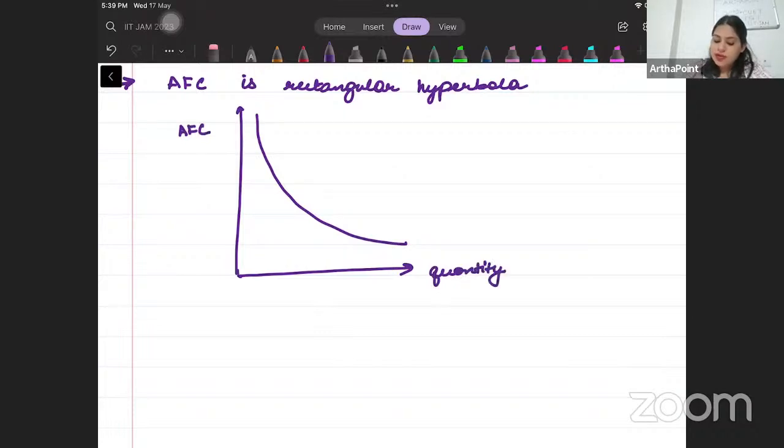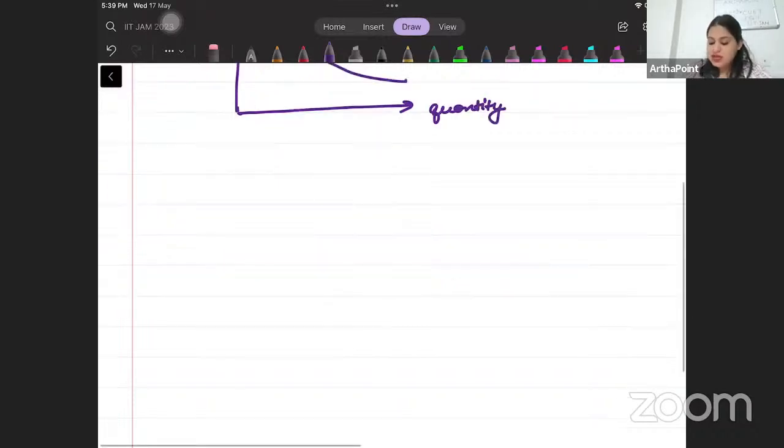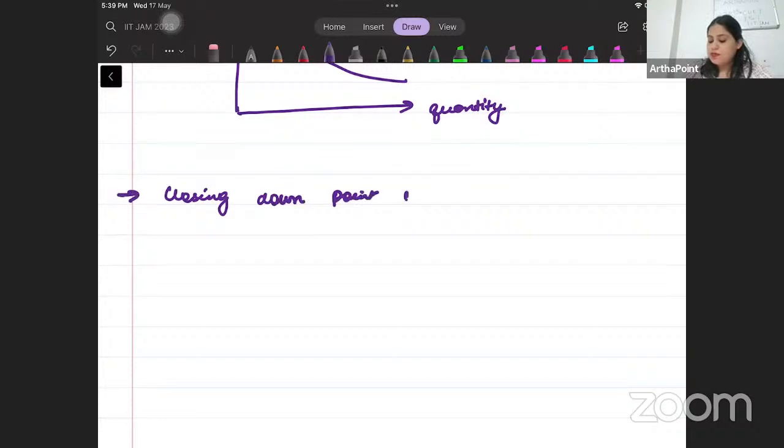The second pointer beta that we have is the closing down point of a firm. When will a competitive firm close down?